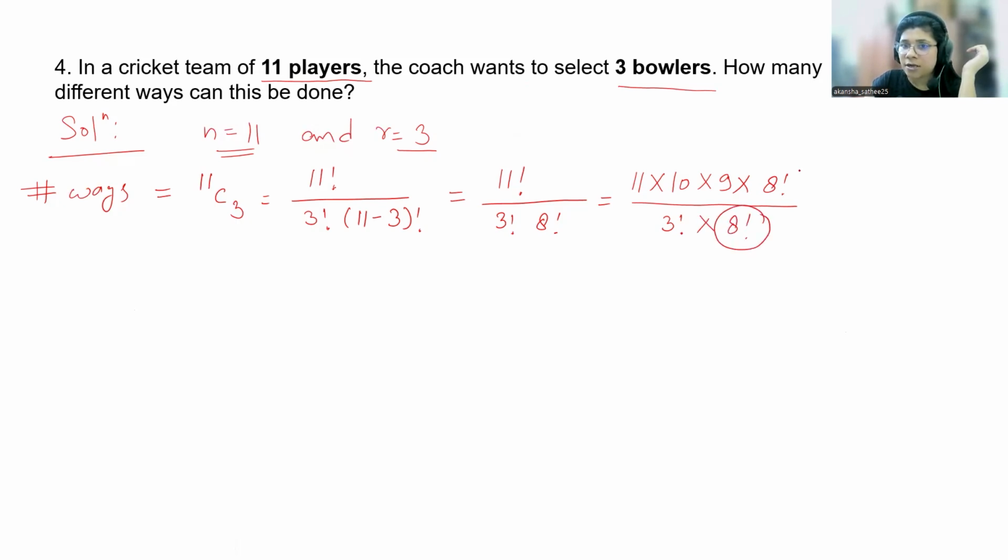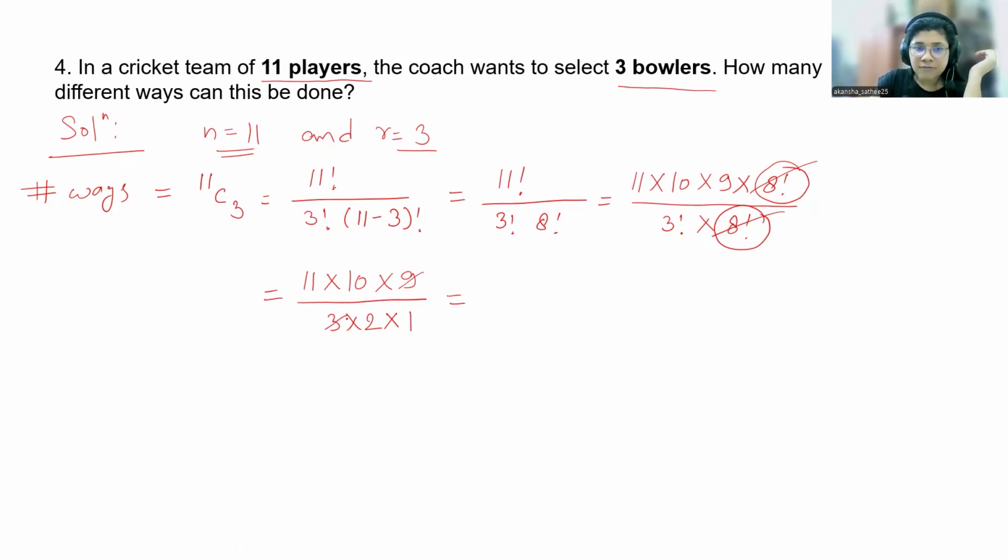8 factorial will get cancelled with 8 factorial, right? And you will be left with 11 into 10 into 9 upon 3 into 2 into 1. So here you can see that this 9 will get cancelled with 3 and you will have 3. 10 will get cancelled with 2, you will have 5.